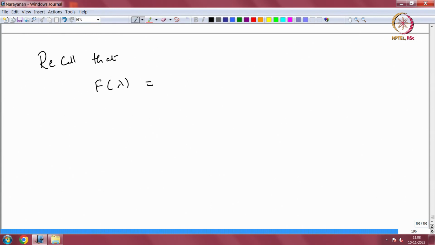So, let us rewrite this f lambda as e to the i (lambda bar t plus lambda t star) times x times e to the minus i (lambda bar t plus lambda t star), the same operator.